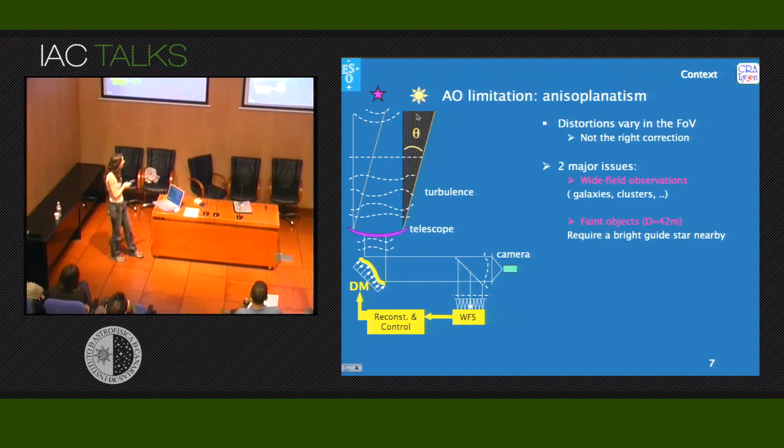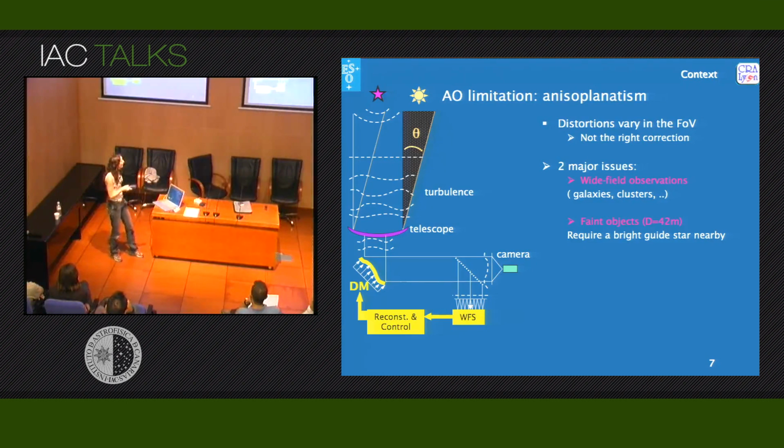Here you have a turbulence which is not the one you are correcting for on the guide star. So this produces aberrations still on the science camera. It's called anisoplanatism. It means that if you go away from the guide star, you don't have the right correction. And it's a major issue. It provides you an angle of a few arc seconds around the bright guide star.